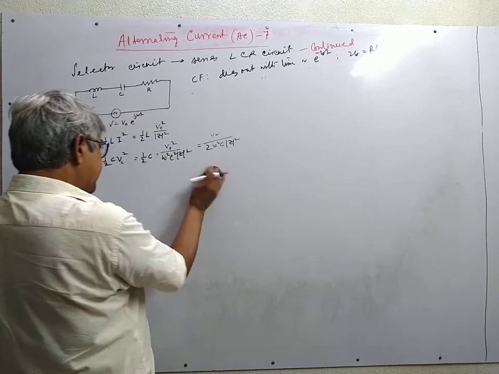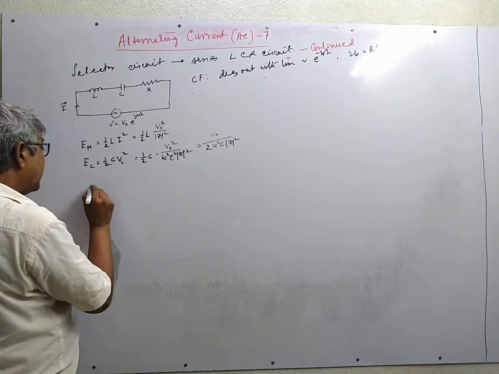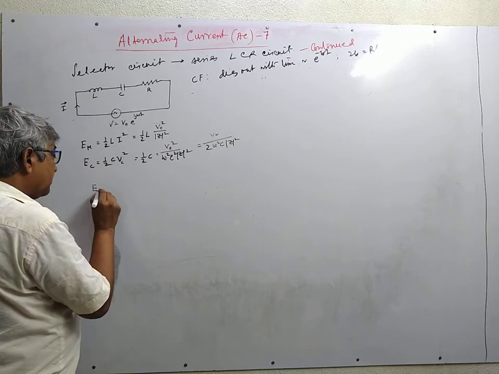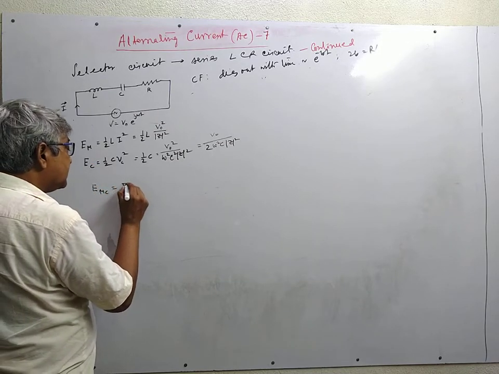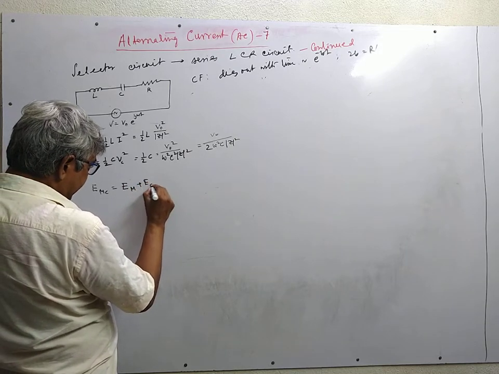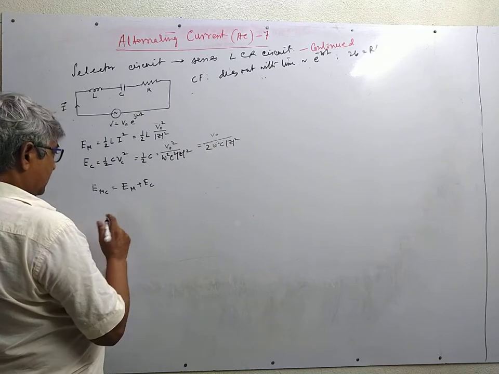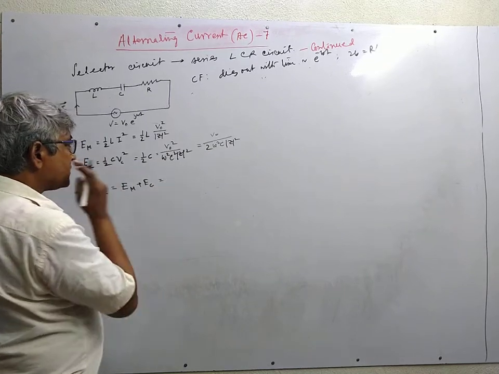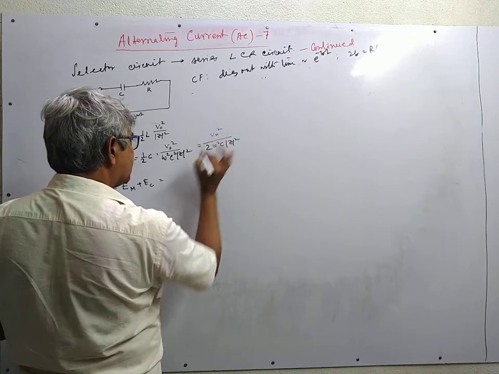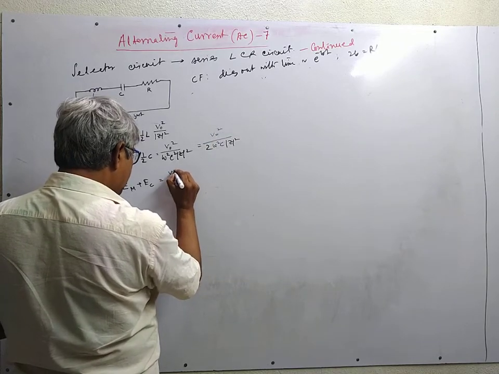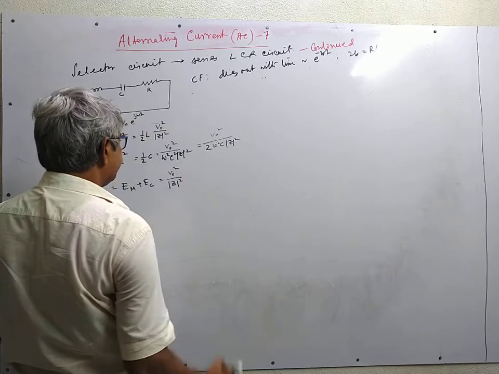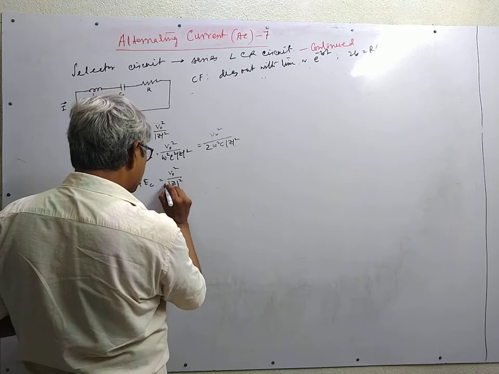So the total electrical and magnetic energy is the combination of this magnetic energy and this electrical energy. So this is half V0 square by mod Z square, which is common, and then we have 2 common.